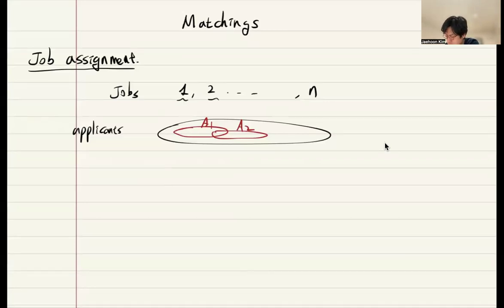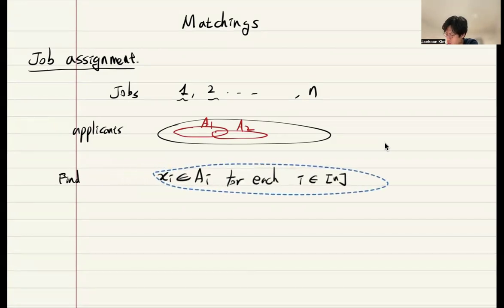Then what's the typical goal? We want to find, say, xi, which is in Ai, for each i in [n], in a way that they are all distinct.